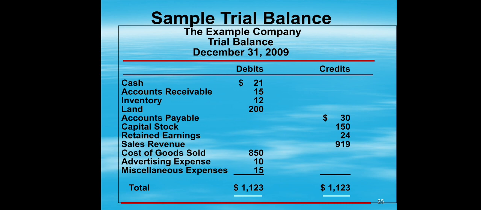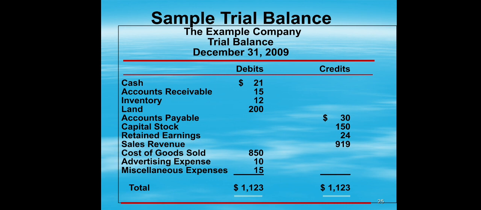These accounts are coming from the ledger. So you list the names of the accounts here, and then you also have to list all the balances. Some accounts will have debit balances, and some accounts will have credit balances. When you prepare a trial balance, the total on the debit side is supposed to equal the total on the credit side.